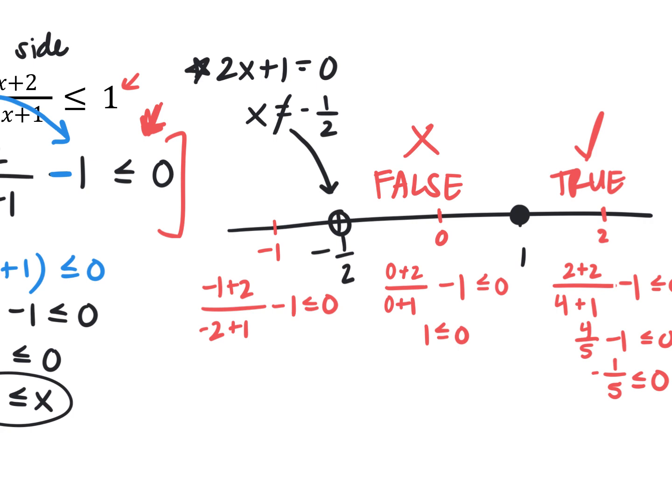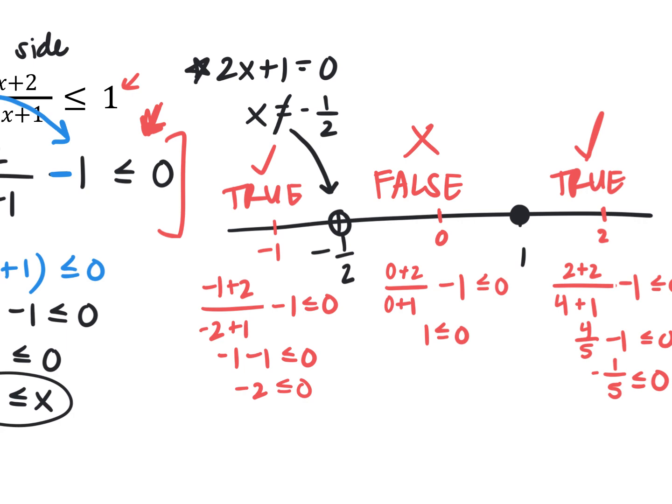If I simplify that, negative 1 plus 2 gives me 1, divided by negative 2 plus 1, which is negative 1. So I get negative 1 minus 1, which would be negative 2. Is negative 2 less than or equal to 0? Yes, so this part is true on the left-hand side. So check mark there, or true, whichever one.